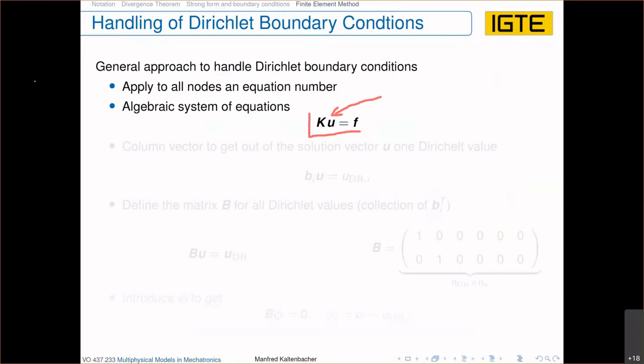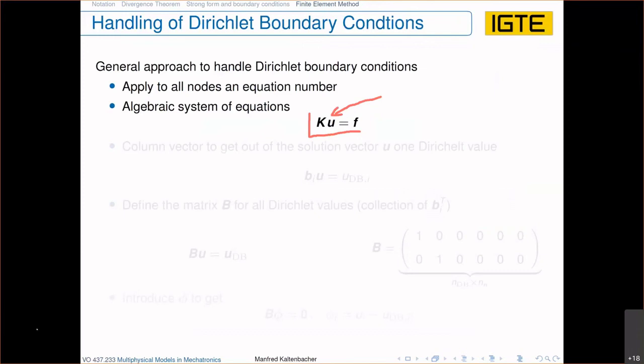On the other hand, that's not a problem, because we will now reduce this system to a system where we just have the unknown physical quantities at all the nodes. And that we do as follows.